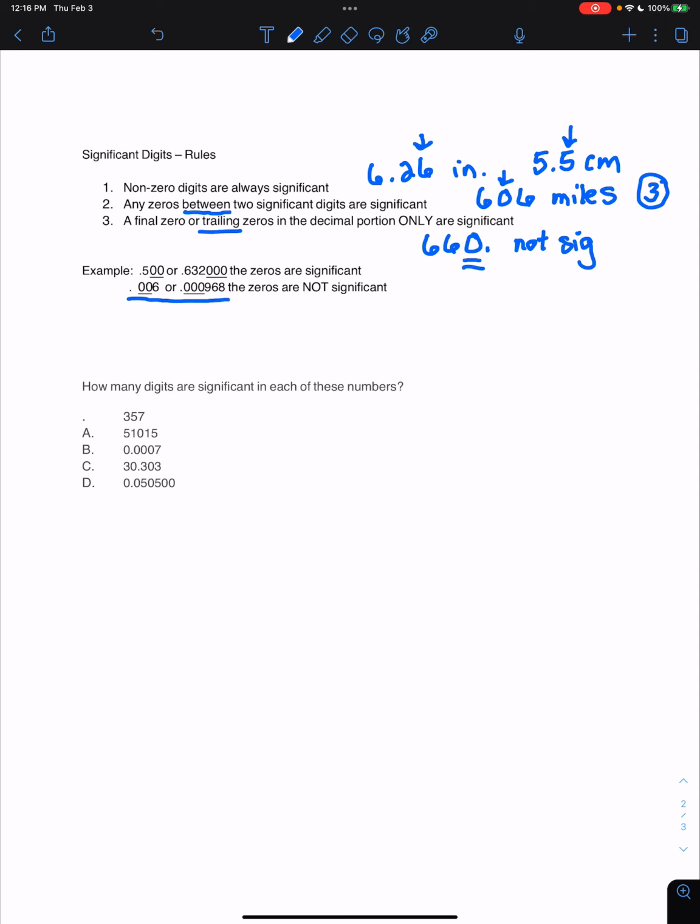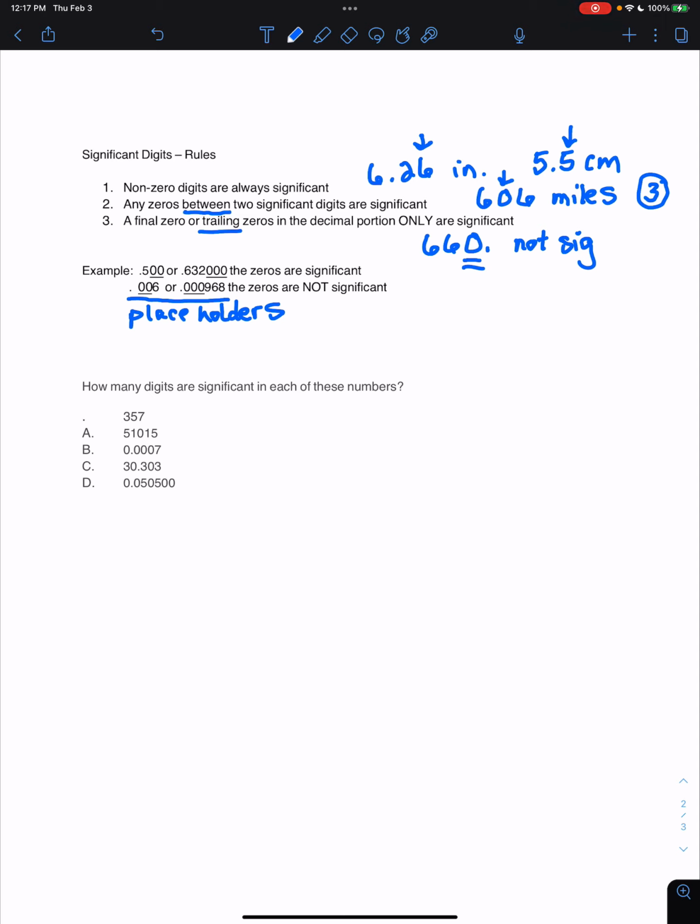Only the 6 here would be significant because they are only placeholders. So they are not significant.